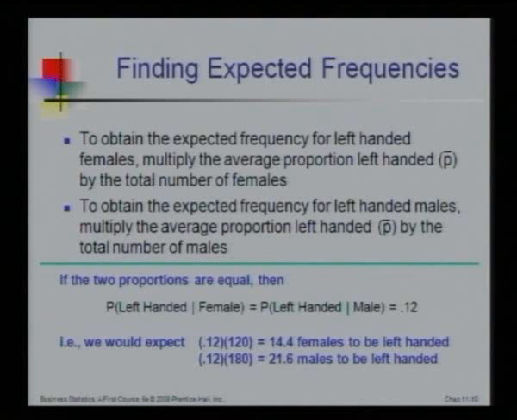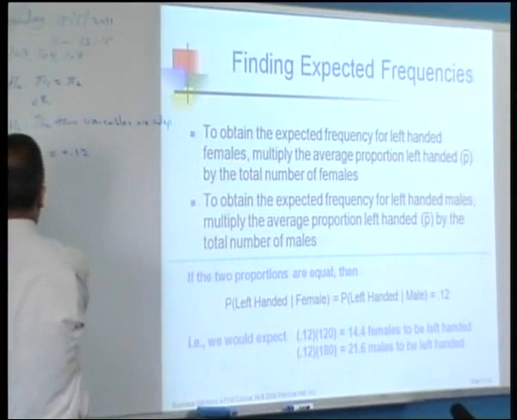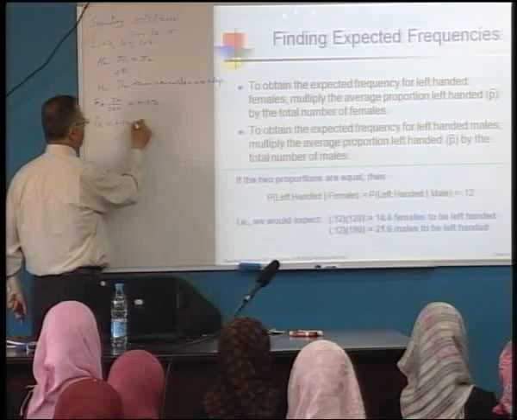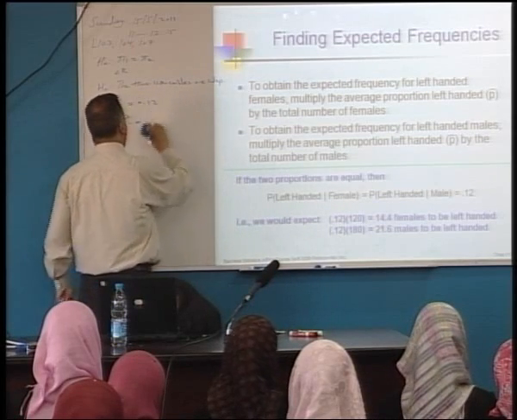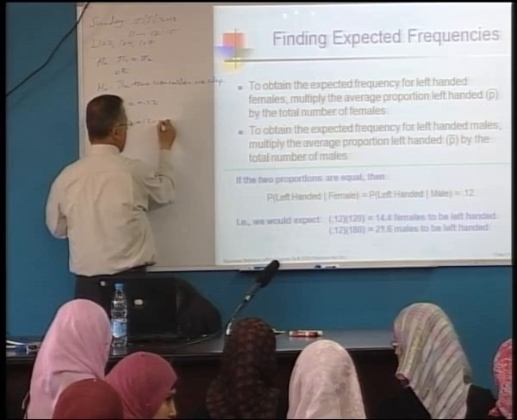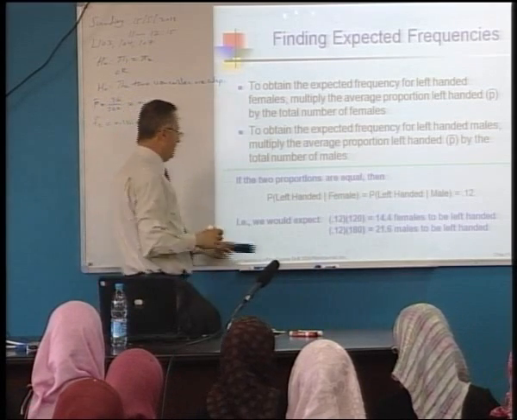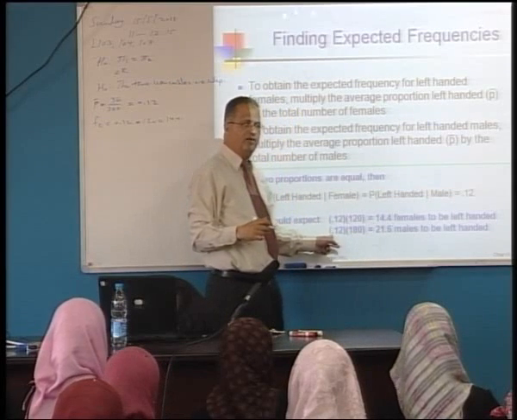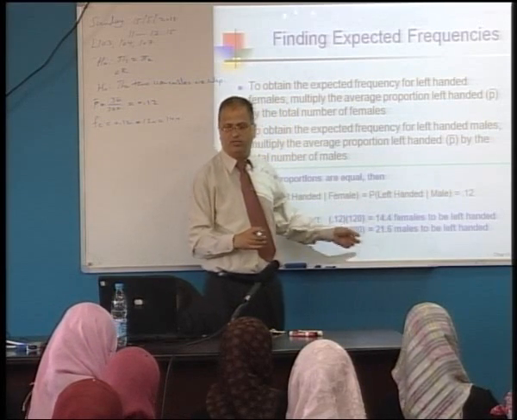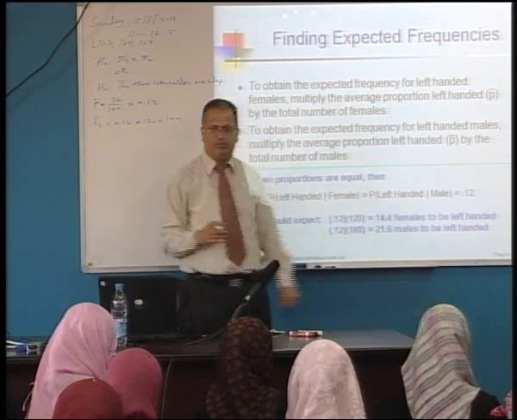So the expected frequency in this case for female is 0.12 times 120, because there are 120 females in the data you have, so that will give 14.4. The expected frequency for males to be left-handed is 0.12 times the number of males in the sample, which is 180, and that will give 21.6.